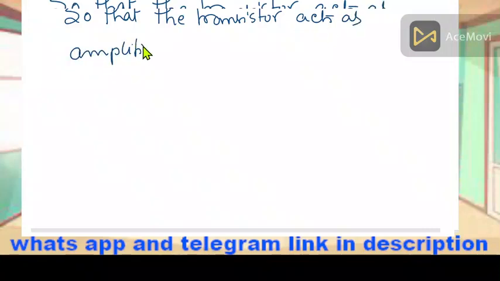is at the midpoint of the DC load line. At the midpoint of the DC load line, this is the best position. This is the position where the transistor will act as an amplifier.